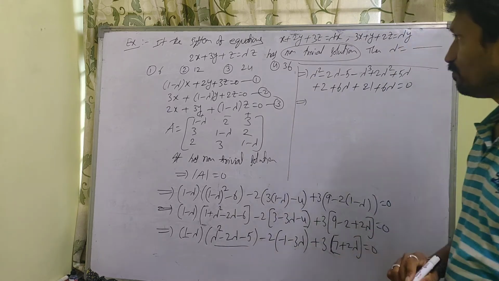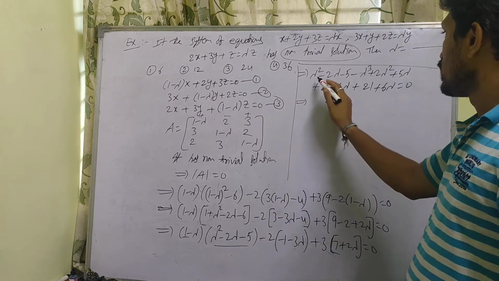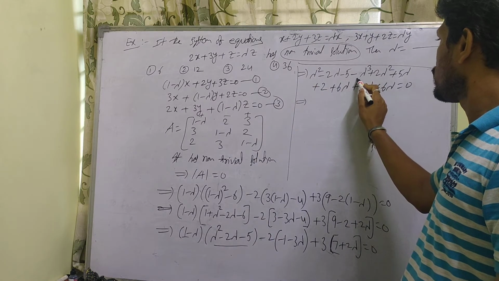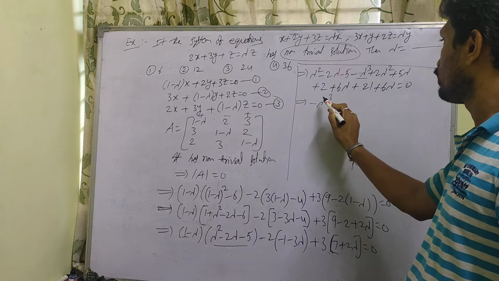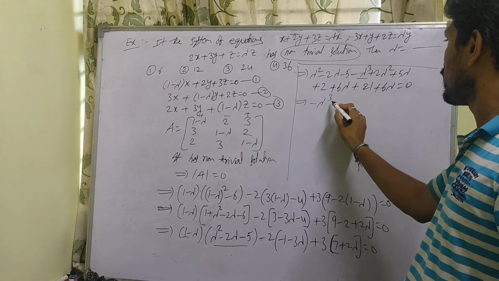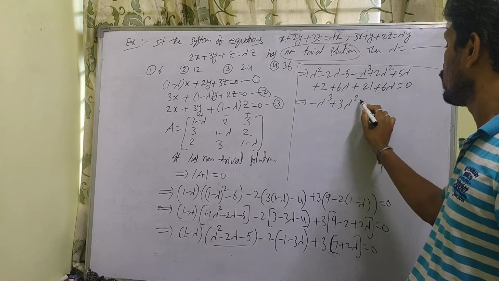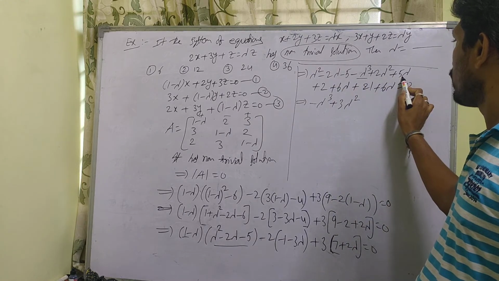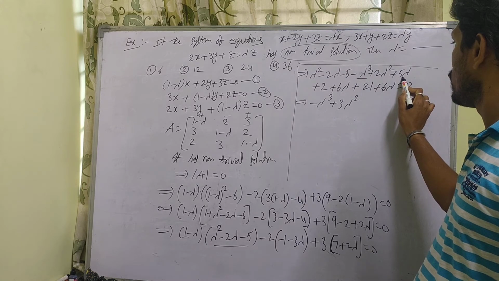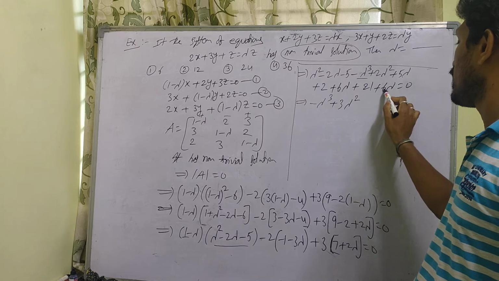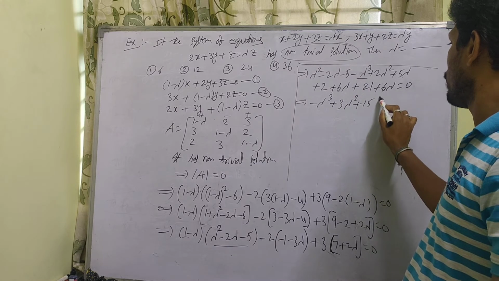This implies, so here first write the highest degree term: minus lambda cube plus lambda square plus 2 lambda square plus 3 lambda square. Next minus 2 lambda plus 5 lambda, 3 lambda. 3 plus 6, 9. 9 plus 6, 15 lambda.